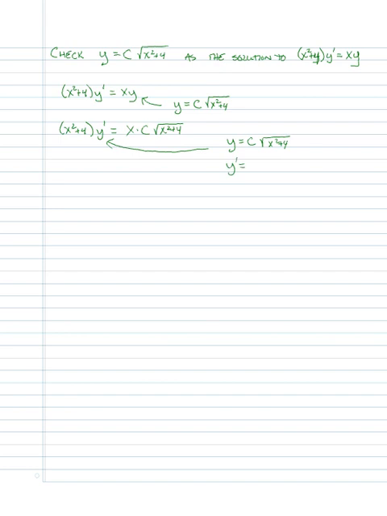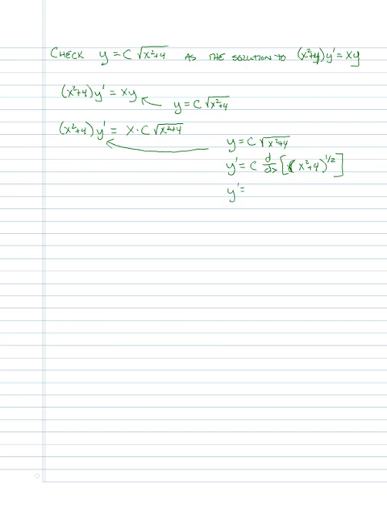Well, of course, we have a constant times the square root, and so that constant will be times the derivative of the square root. And we're going to write the square root in terms of an exponent to make this a little bit easier for us to do. How do we take the derivative of a quantity to a power? We bring the power down, don't we?